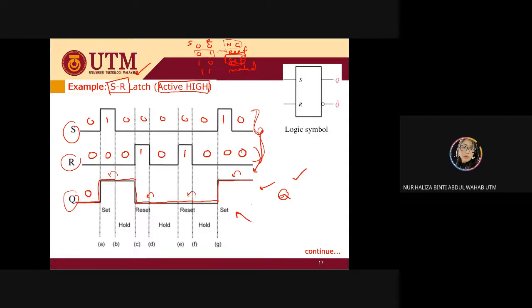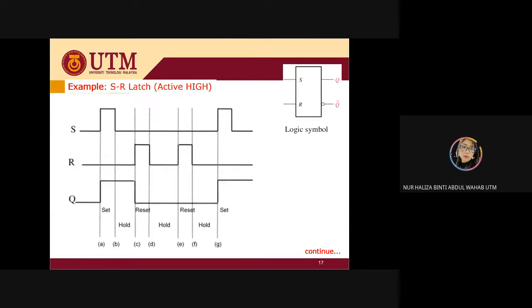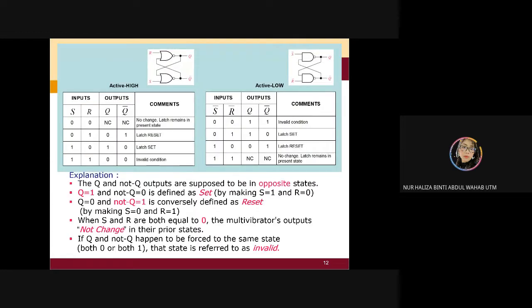Because later on it's going to be much more advanced. You're going to have EN, you're going to have clock, and a lot of other inputs that you need to consider. That's why from this very basic 2 inputs only, you need to understand how to generate your timing diagram from the truth table given here.